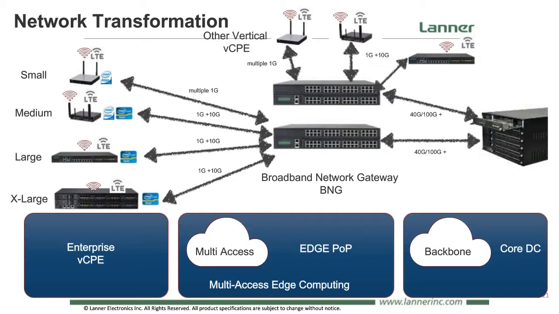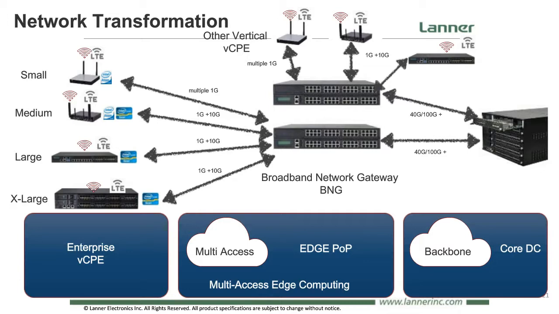Beyond the UCPE is the BNG, or broadband network gateway, or multi-access edge sites, where the network aggregation and compute take place, primarily for cloud-based applications with low latency requirements and high access point capability at the central office.